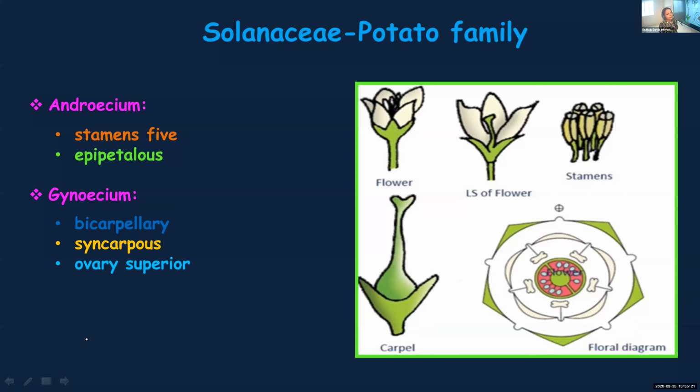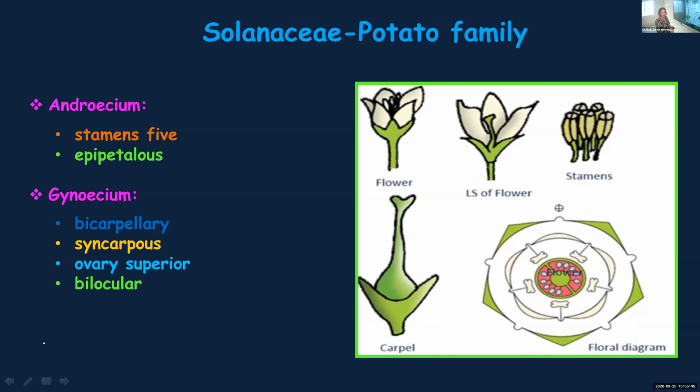Based on the position of the ovary, we categorize the flowers into 3. Hypogynous. Good. Ovary superior, that is hypogynous flower.